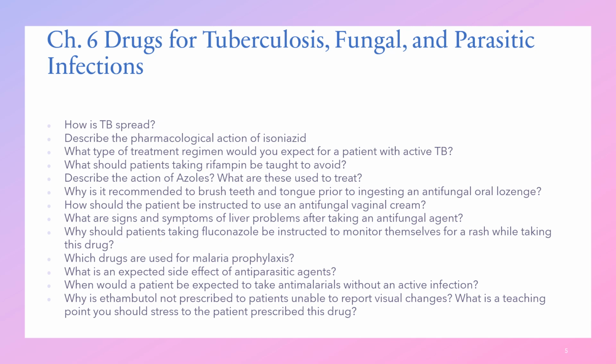Children who have active TB or who are heavily exposed and require prophylaxis are prescribed isoniazid, rifampin, and pyrazinamide as first-line therapy. Ethambutol is not prescribed for infants or young children because they are unable to report visual changes that indicate a complication that could lead to permanent blindness. So patients must be able to report visual changes when they're prescribed ethambutol.